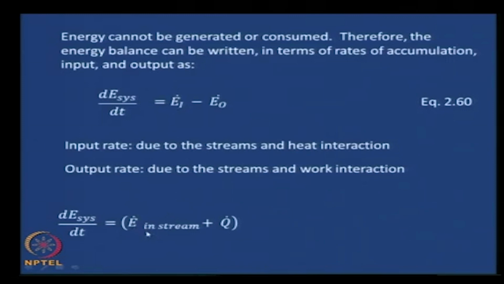It could be E dot of the inlet stream plus Q dot, and similarly minus this E_O dot term consisting of E dot of the outlet stream, in this case, and W dot. Let us call this equation 261.